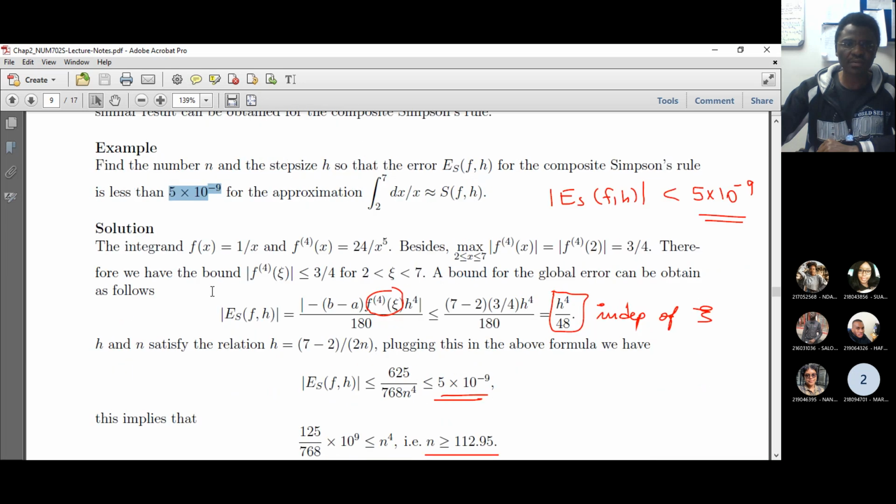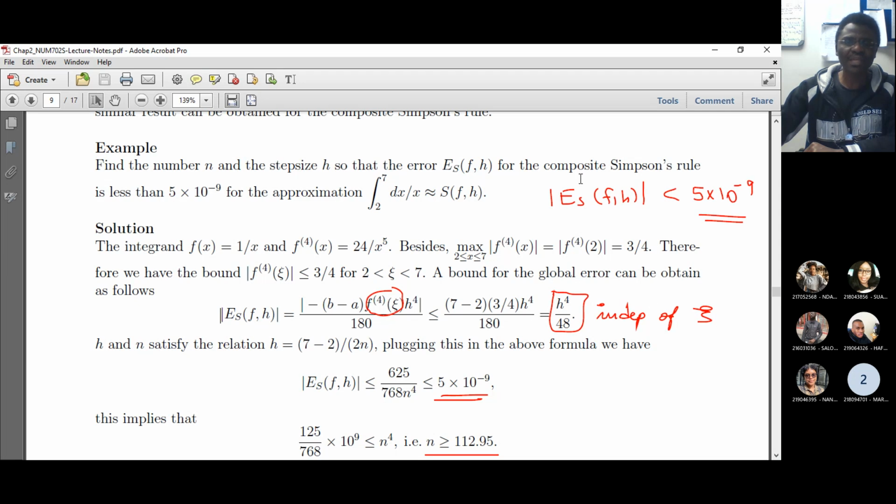This is the formula for the error term. We use that expression. We find an upper bound of that expression, of course the smallest possible upper bound, which we obtain to be independent of psi, because psi is not known.